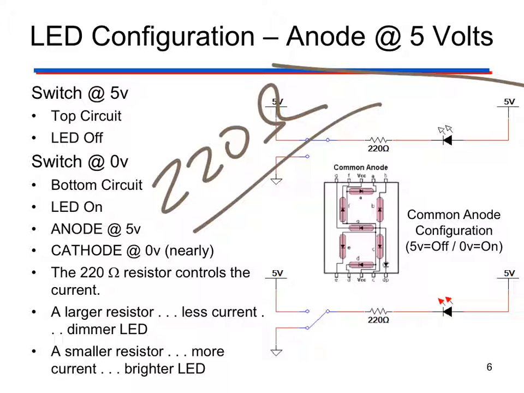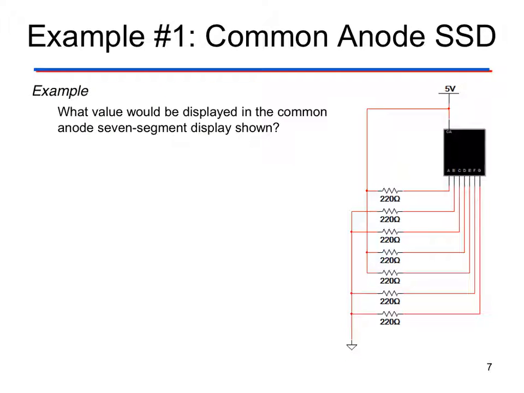You want your display to be dimmer, use a stronger resistor. Simple as that. I'll explain anode and cathode a little bit more coming up here. Alright, this is the best way I know how to do this. Anode, we said, means positive. So in this common anode display, I know it's common anode because it says CA up there in the corner. So I'm going to hook up my display to 5 volts.